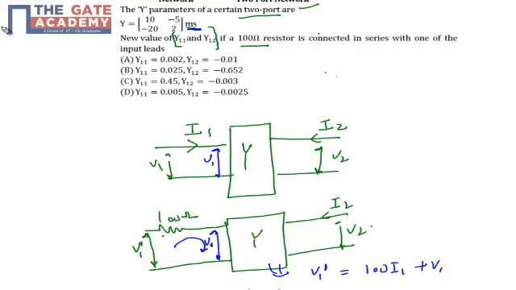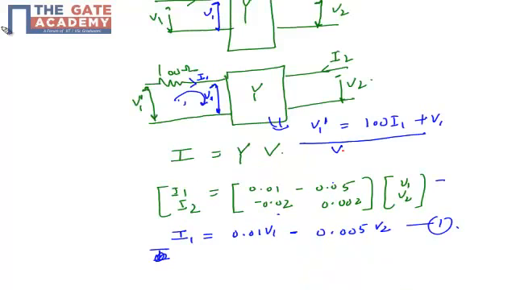Applying KVL in the input loop, V1 dash equals 100 I1 plus V1. So I can write V1 as V1 dash minus 100 I1. For the second circuit, my new V1 will be V1 dash minus 100 I1.